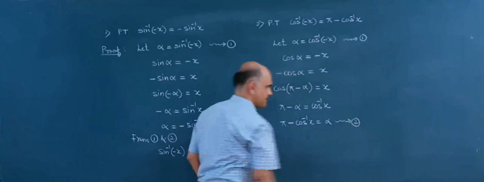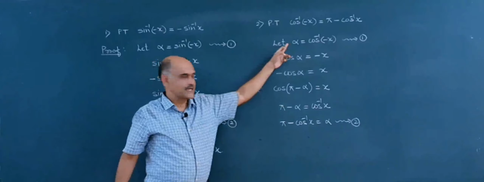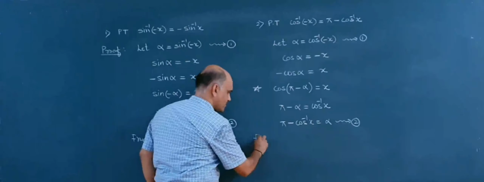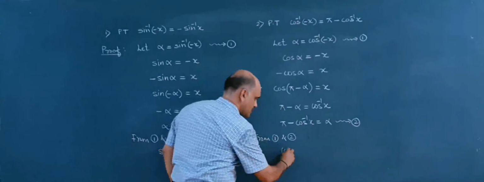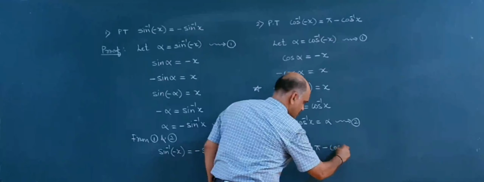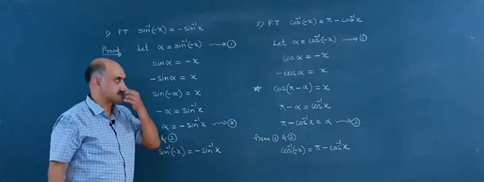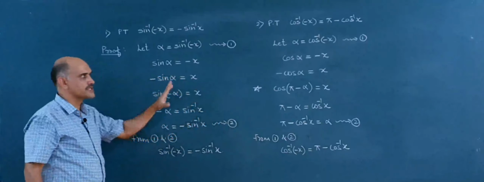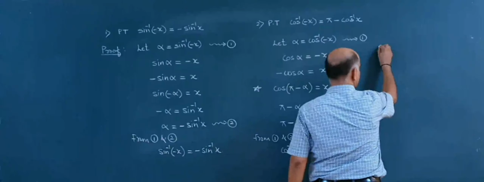This is 2. So again if you observe 1 and 2, one side you are having alpha, means I can equate the other two sides. So from 1 and 2, I can write cos inverse of minus x is equal to pi minus cos inverse x. This is our second formula. So you can pause and note down these two formulas, and along with these two you can try these two formulas.